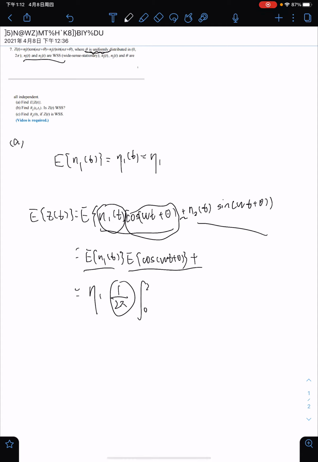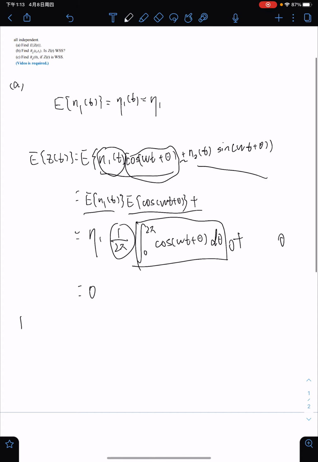So this part, from the figure of cosine, we know this is 0, and we know the second part is also 0, so the result is 0.